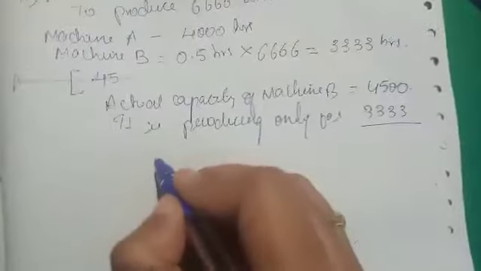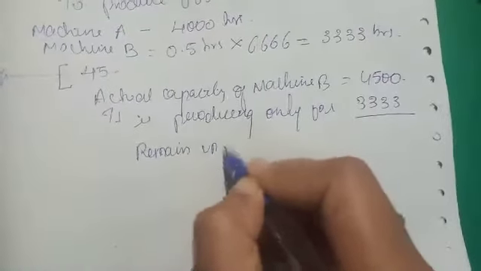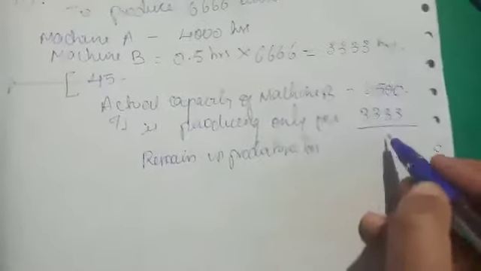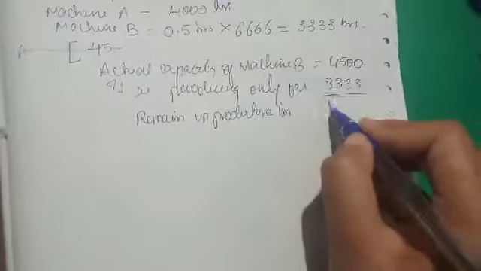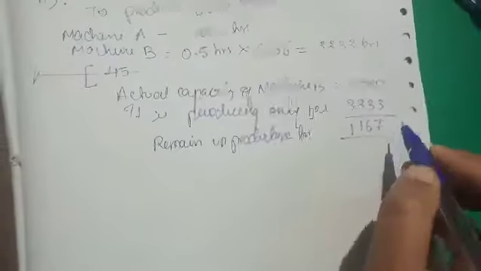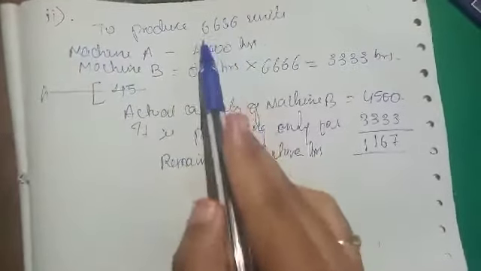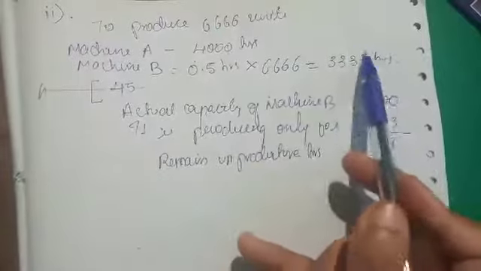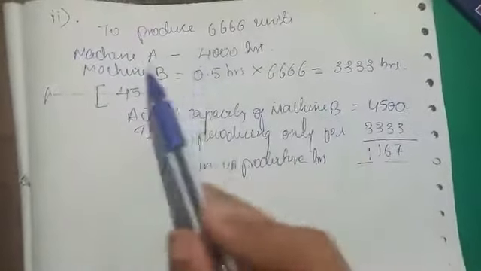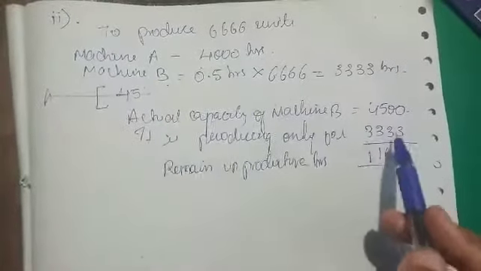So the remaining unproductive hours will be 1167. So when A is producing these units, B can produce these units within these hours, but machine B will be unproductive. The time for machine B will be unproductive for these many hours.